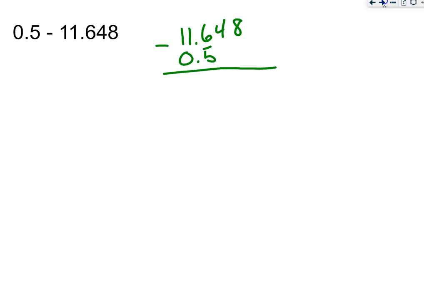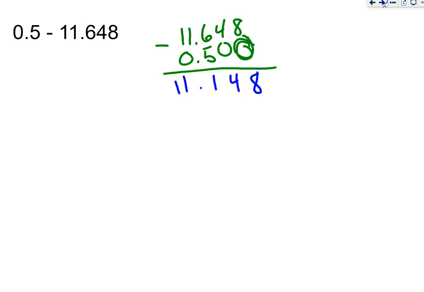What do you do with the remaining open spots? Zeros can go in those spots so that there's something there for you to subtract. 8 minus nothing is just 8. 4 minus nothing is just 4. 6 minus 5 is 1. And 11 minus nothing is 11.